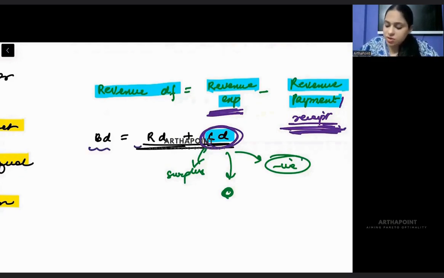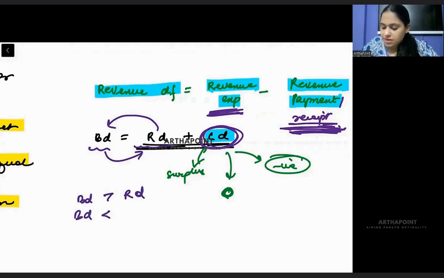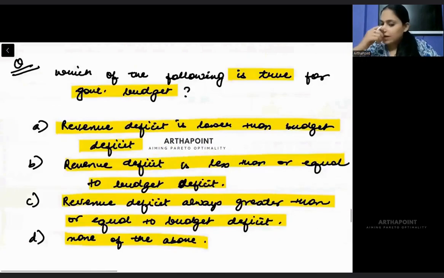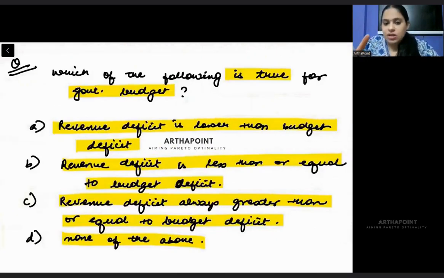Accordingly, the relation between budget deficit and revenue deficit can be anywhere around. My budget deficit can be more than revenue deficit. It can be less than revenue deficit. It can be equal to revenue deficit. So I cannot give one direction as to what kind of relationship will exist.